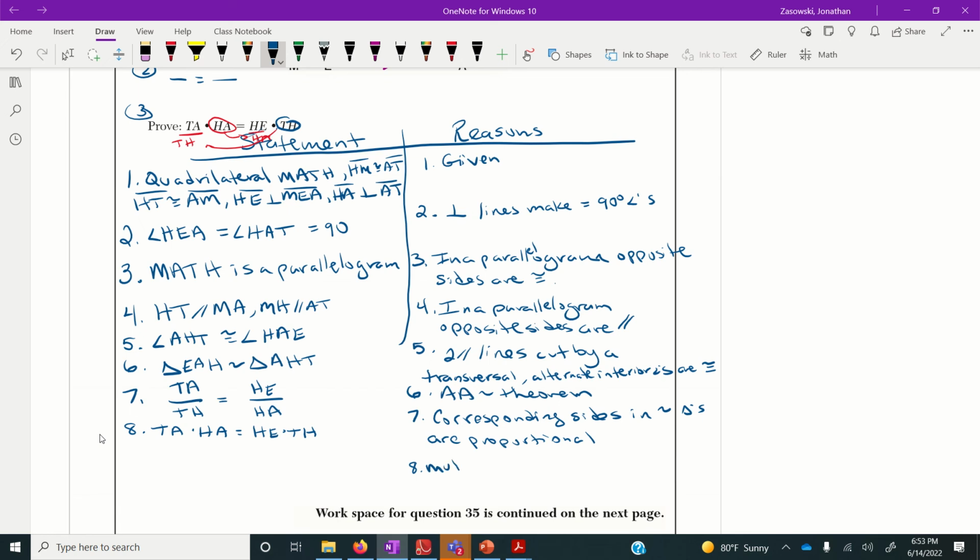We're kind of getting away with the multiplication property of equality because we're multiplying both sides by the same amount. This side by TH to get rid of the THs, this side by HA to get rid of the HAs. To get there. And that's it. There is our proof.